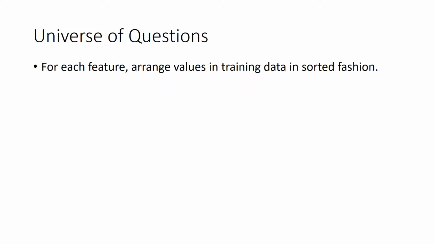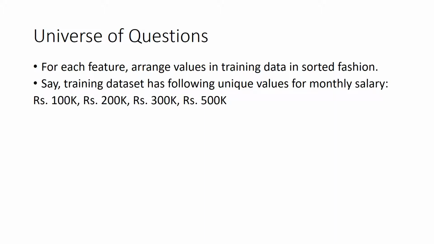Let's say for each feature, we arrange the values of the training data in sorted fashion. Let's say the feature is monthly salary, and the training data set has the following unique values: 100K, 200K, 300K, and 500K. Now what kind of questions can you ask, or how can you split this data set?